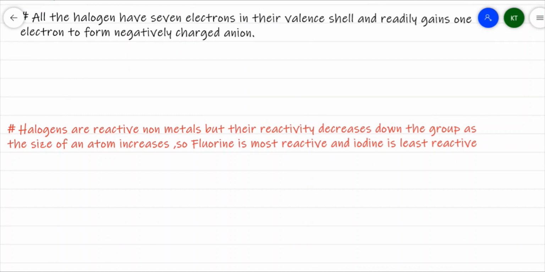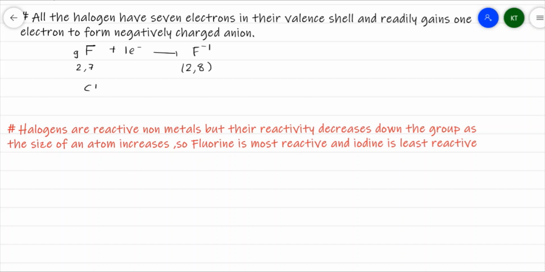Fluorine, which has atomic number 9 and electronic configuration 2,7, will gain one electron and readily get converted into F-1 ion, completing an octet and attaining the stable electronic configuration of the nearest noble gas, neon.